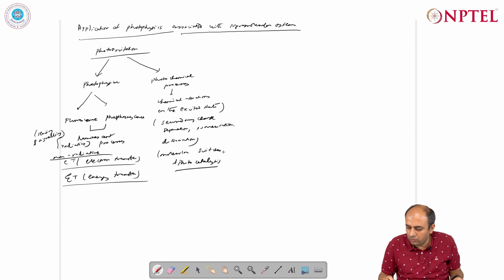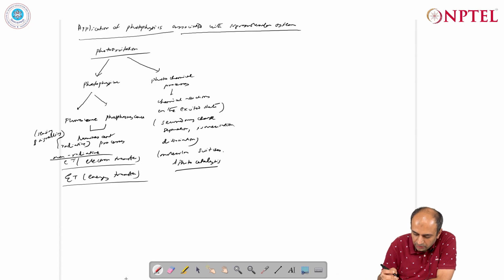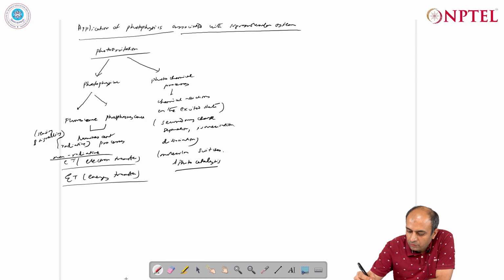So, we can also now look at how this process of energy transfer is important, because we are also going to look at the applications of these photophysical properties in molecular wires.